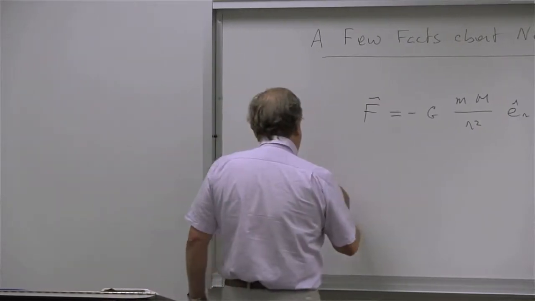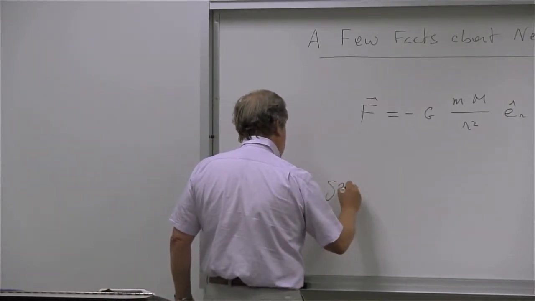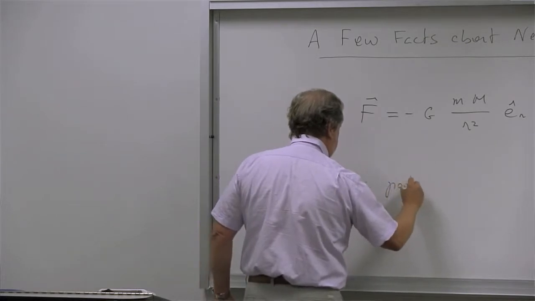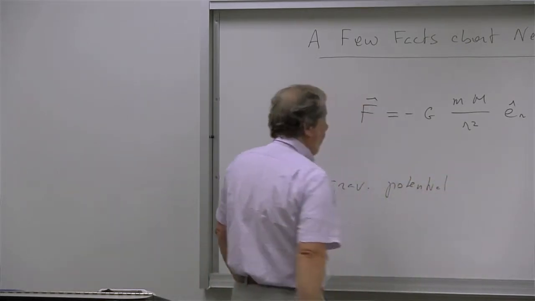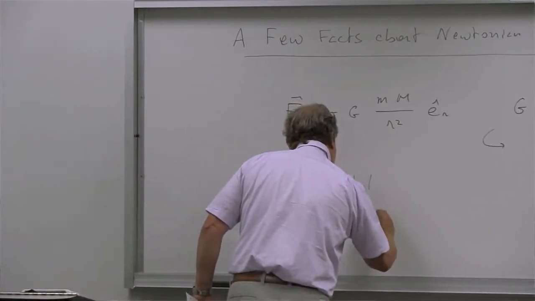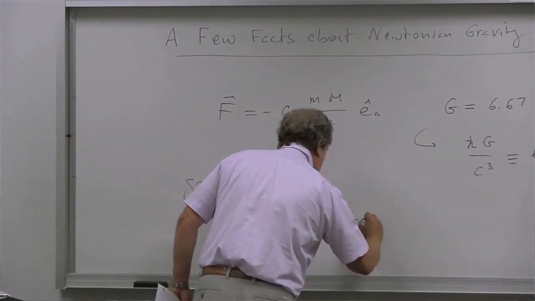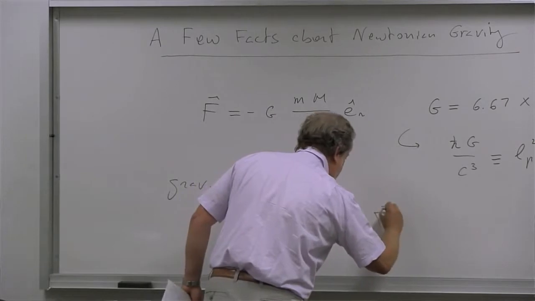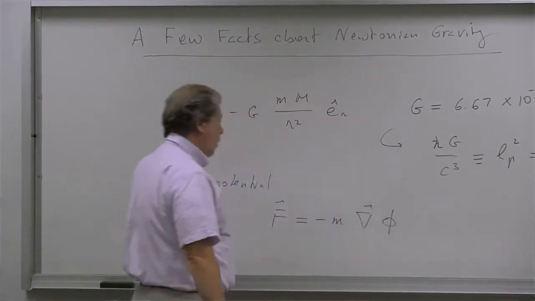So now from this we can introduce a gravitational potential. That is, in other words, we write the force F as equal to minus m times the gradient of a potential.